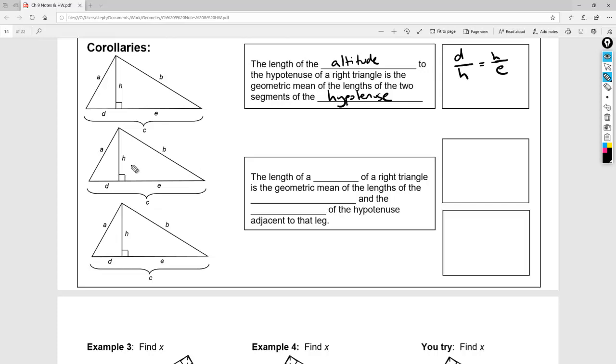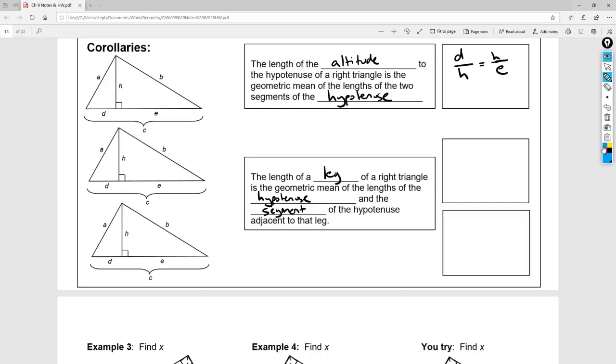Okay, now we're going to use both of these triangles here. What we're going to say is that the length of a leg of a right triangle is the geometric mean of the length of the hypotenuse and the segment of the hypotenuse adjacent to that leg. Right, so what I mean by that is this goes for both legs.